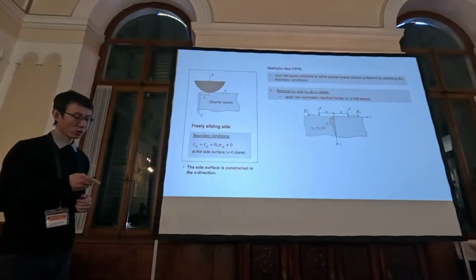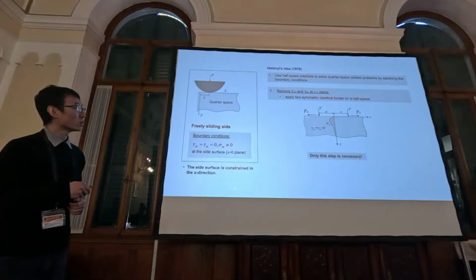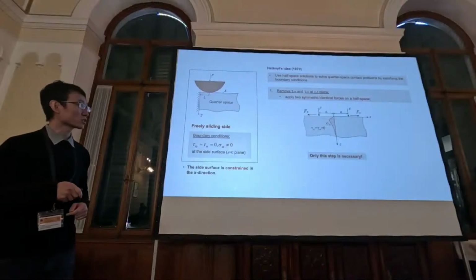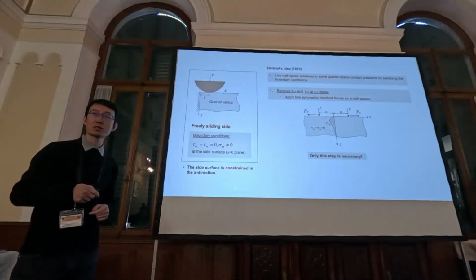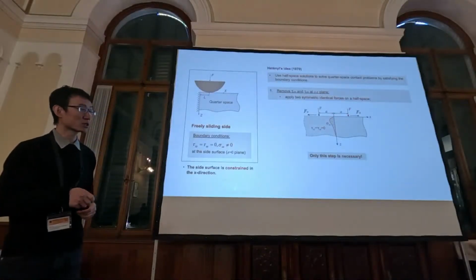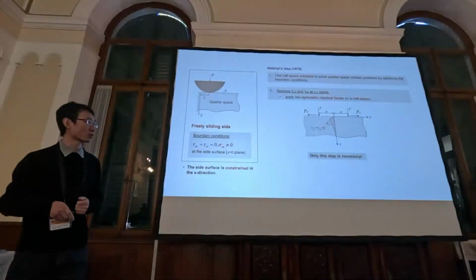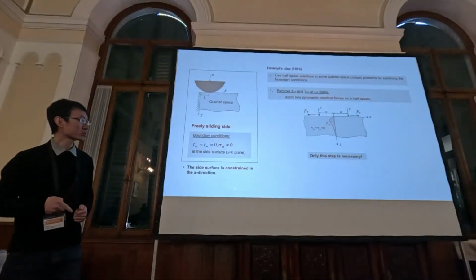So we need only the first step of Hanson's idea. So we just apply two symmetrical identical loads on the top surface of the half space. Then we look at only the half, and we already get the solution to this contact problem. So it is much easier.